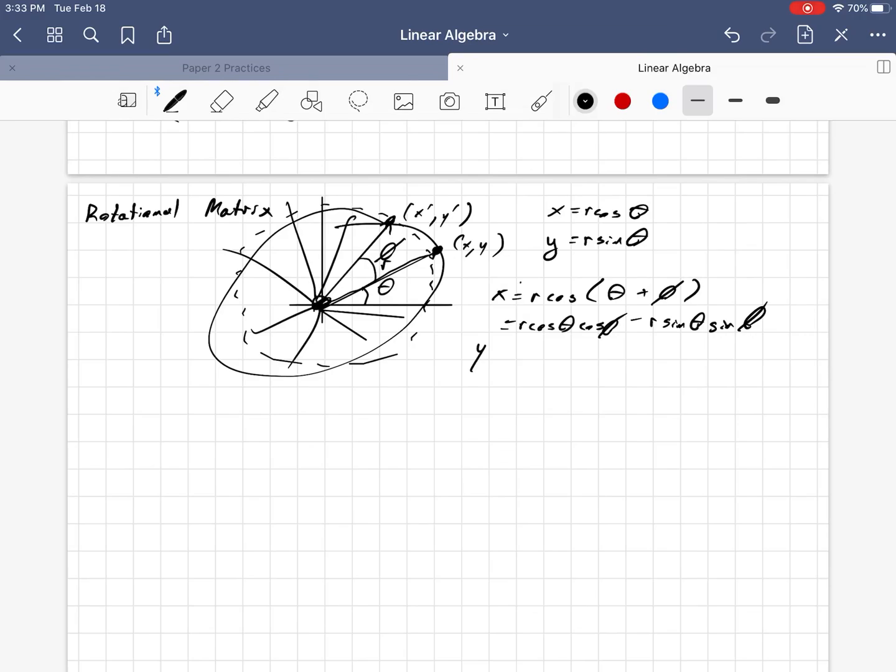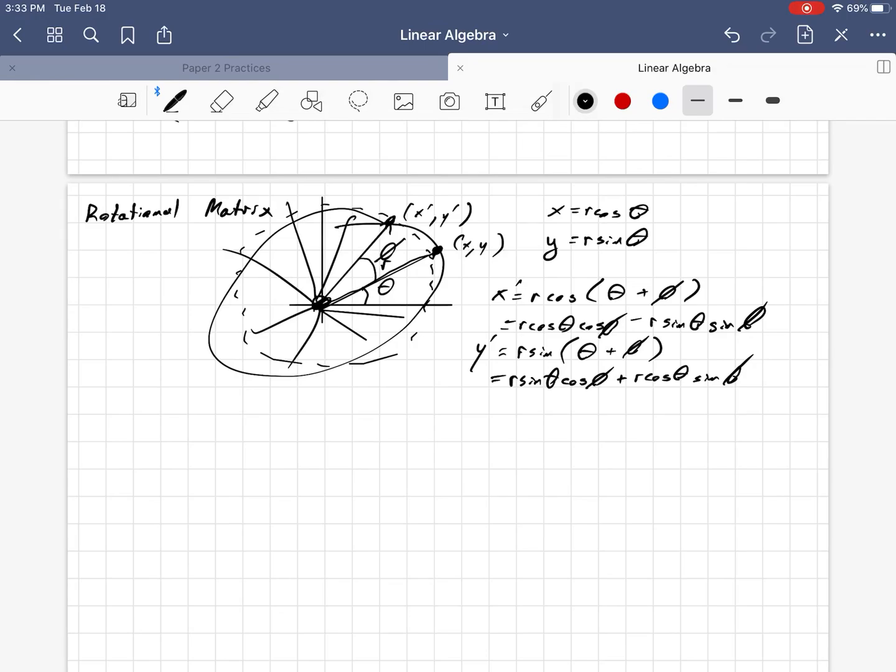And likewise, and this is x prime, whoopsies, because that's the new point after we rotate. Y prime would be r sine of theta plus phi, which is r sine theta cosine phi plus r cosine theta sine phi.